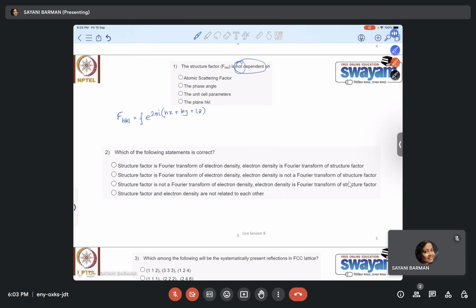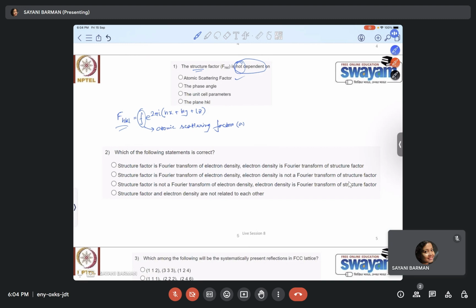Now here, f is the structure factor, right? It's written here also. Now f is atomic scattering factor. It's already been given in option A. Now the phase angle.